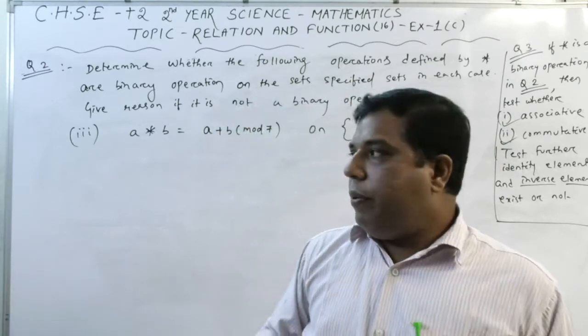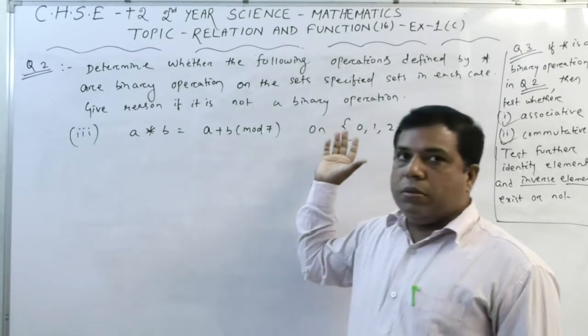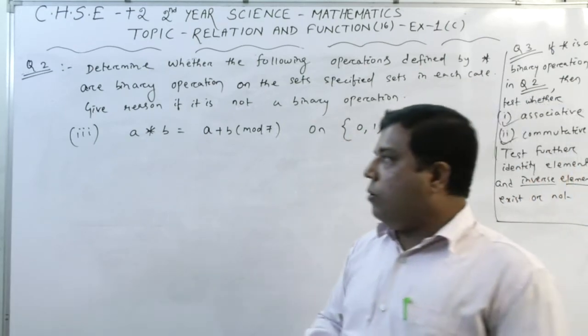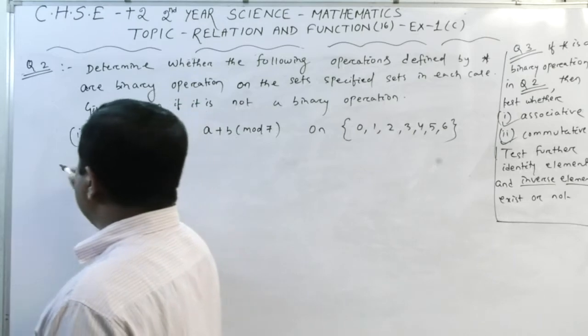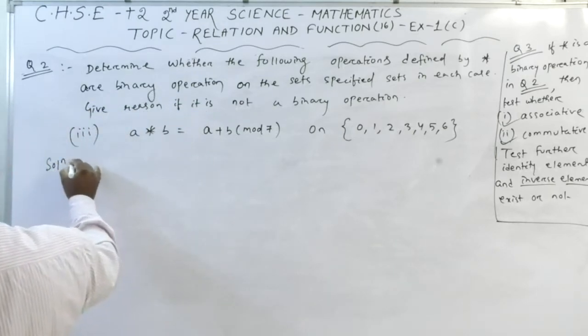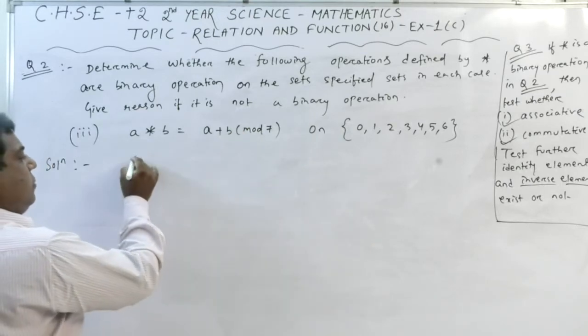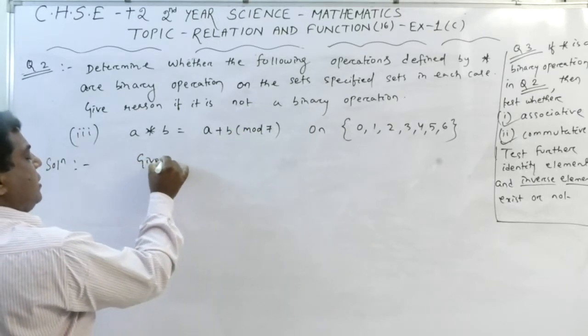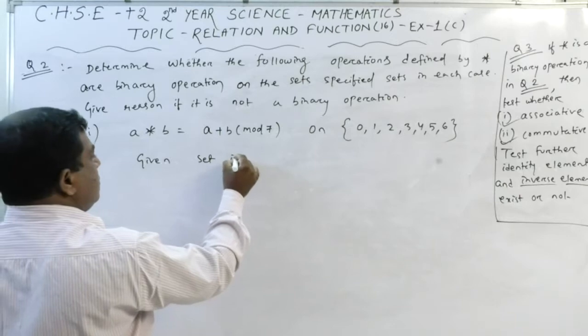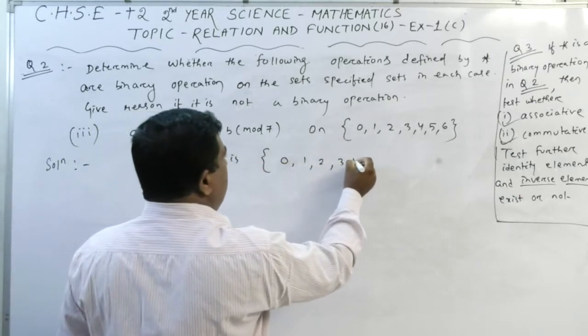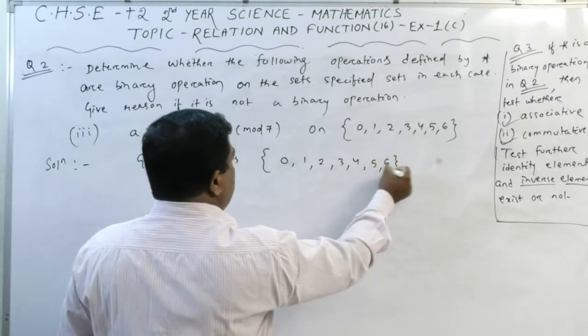So here we will solve it by computing the binary table. I am going to write the solution. First of all we will write what is given. Given set is 0, 1, 2, 3, 4, 5, 6.